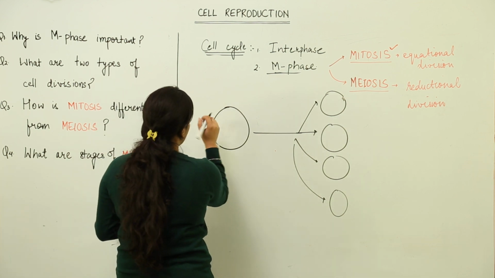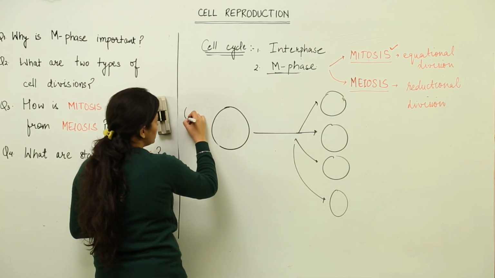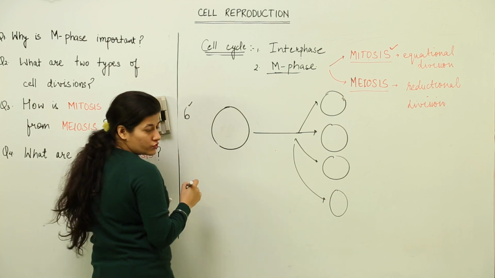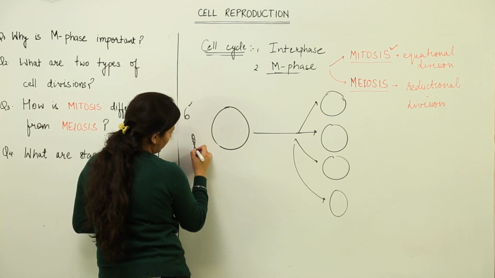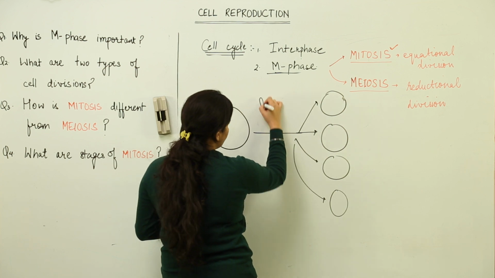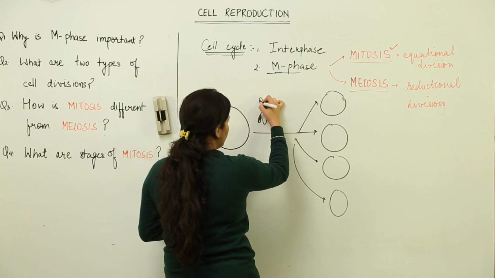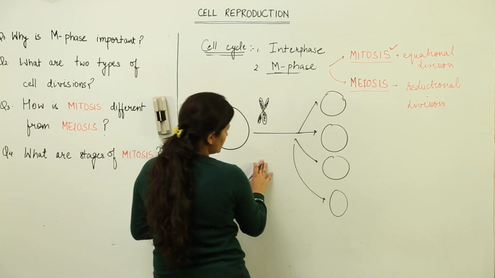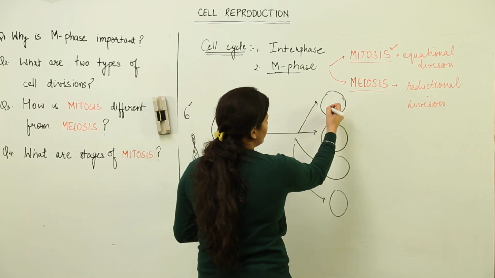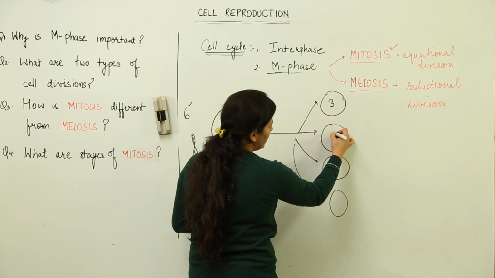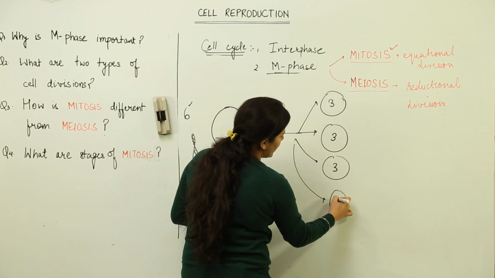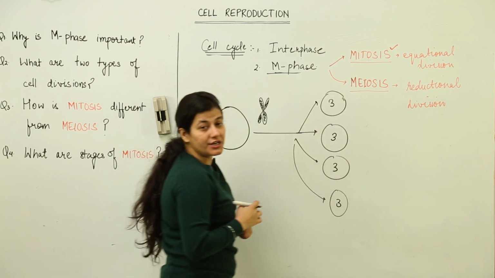Let's see what is about the chromosome number. Here also consider that you are having 6 chromosomes which were like this in the beginning. After S phase got completed, the chromosome number still remains the same. There are 6 only. But now what would happen is that the chromosome number over here would be 3 in each case, and hence the genetic material.